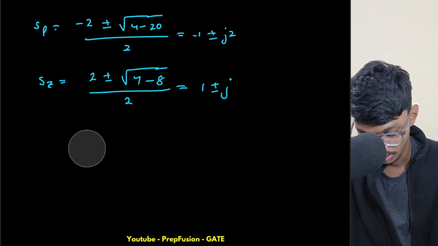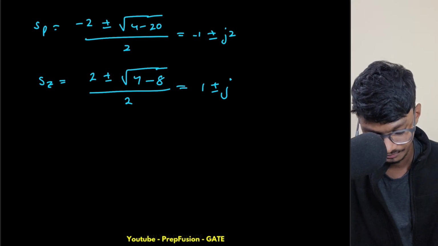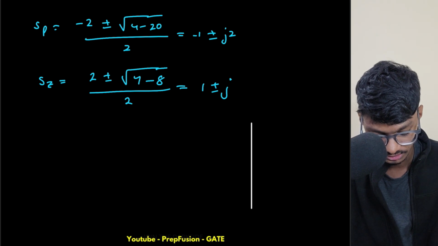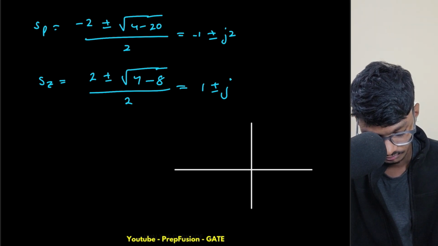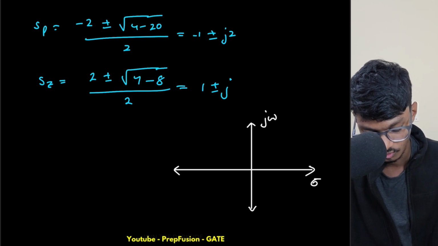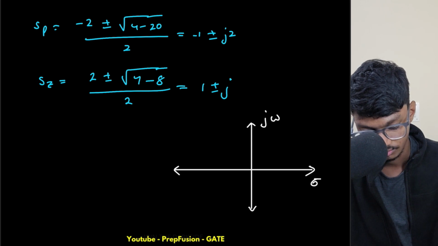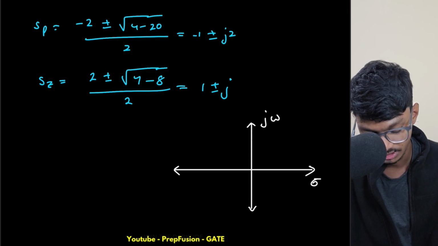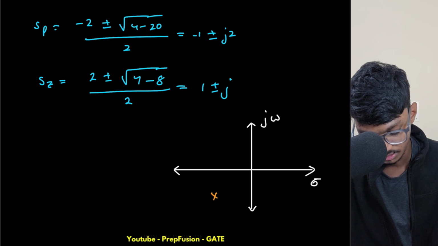So let me quickly draw the pole-zero diagram. From here we will understand many things. On the sigma-j omega plane, where do my poles lie? Two of the poles lie here: this is -1, and this is j2 and minus j2.